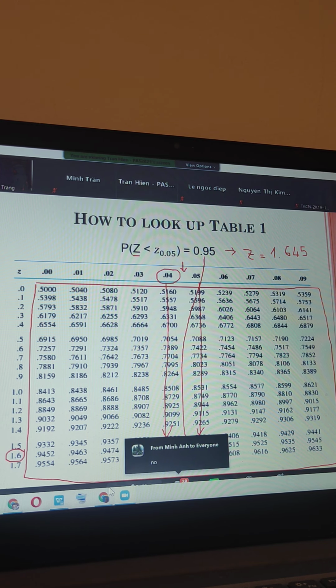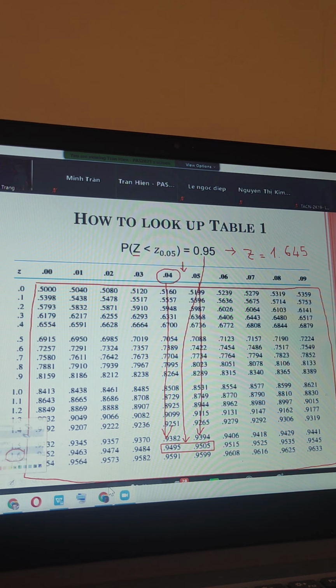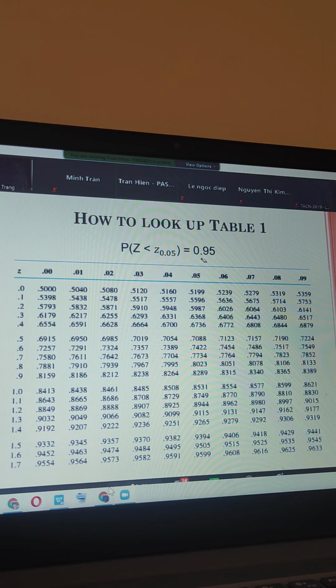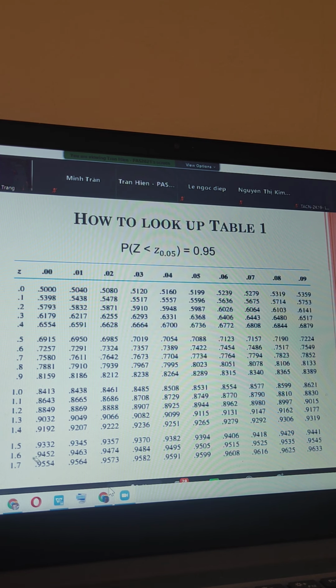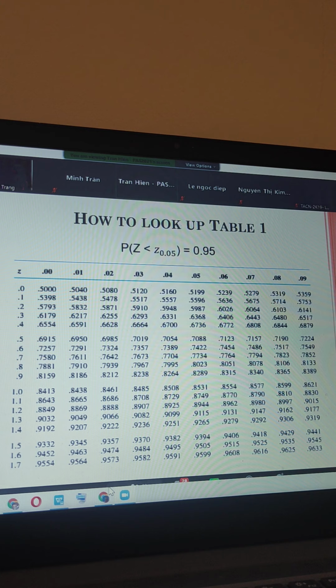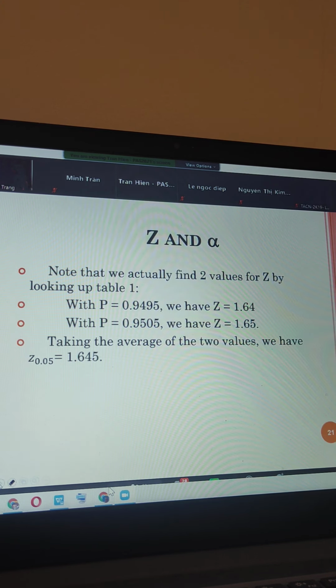So let me give you another example for you to practice the way to find Z. For the next line, this shows you step by step how to find the value of Z for 0.05, right?